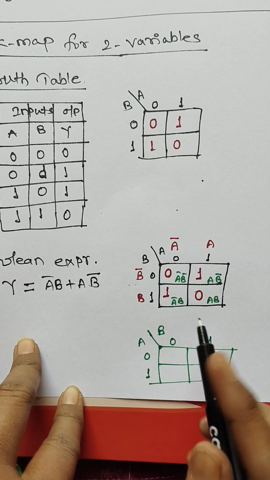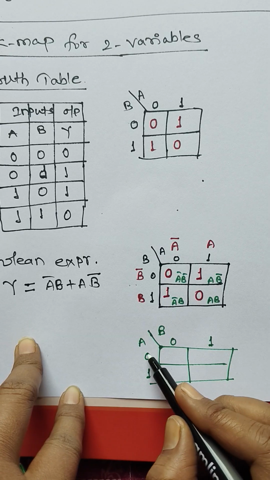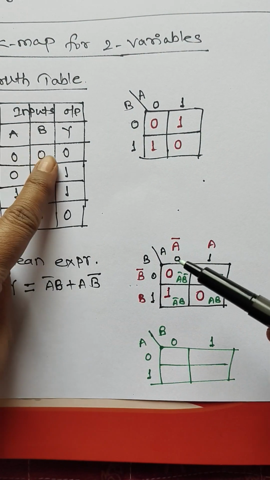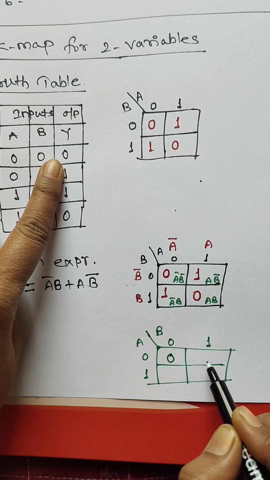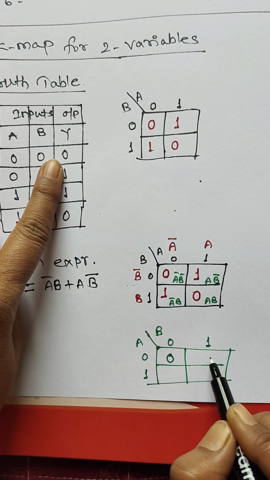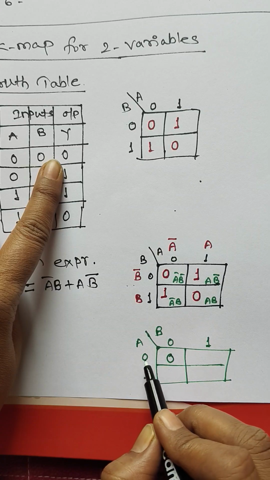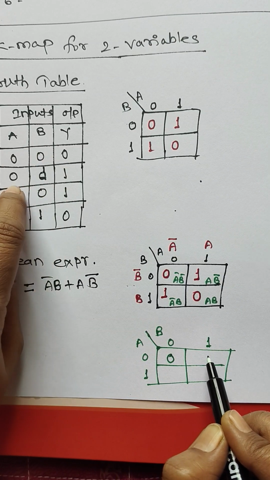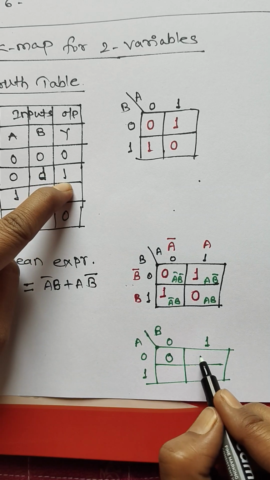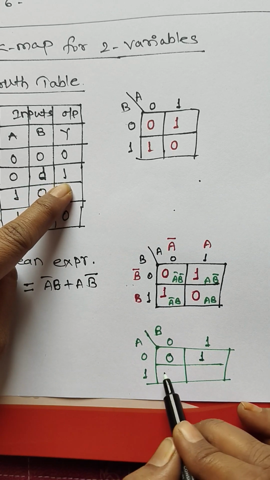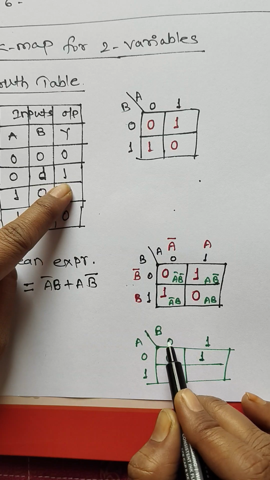So again I will put this truth table here. A is 0, B is 0. What is the value of Y? It is 0. Here. Now just look for that box place. So A is 0 and B is 1. A is 0 and B is 1. The Y value is 1. So put it here. Then for this box, A is 1, B is 0.